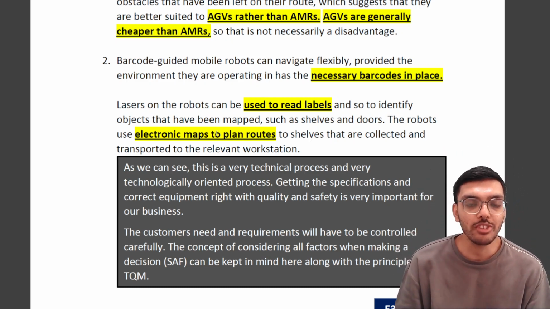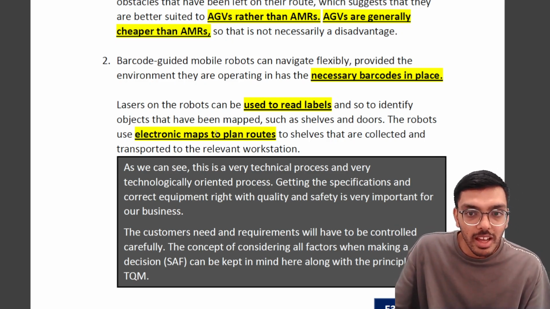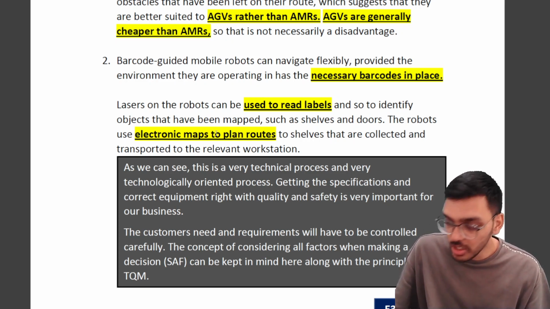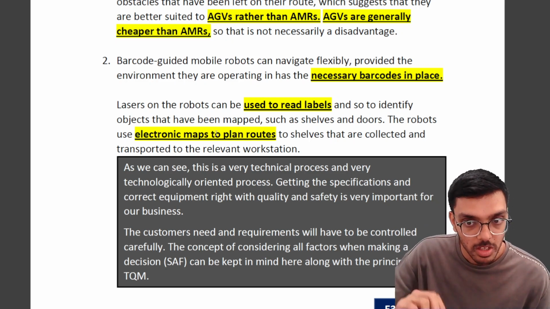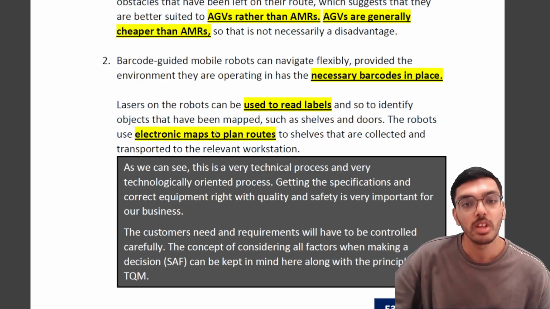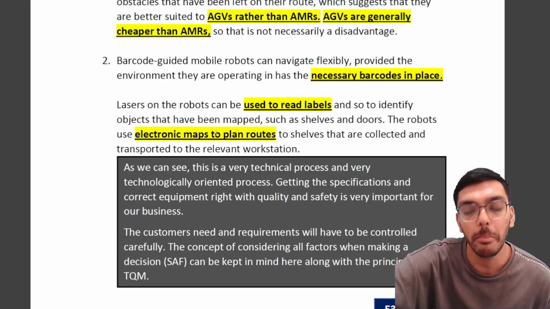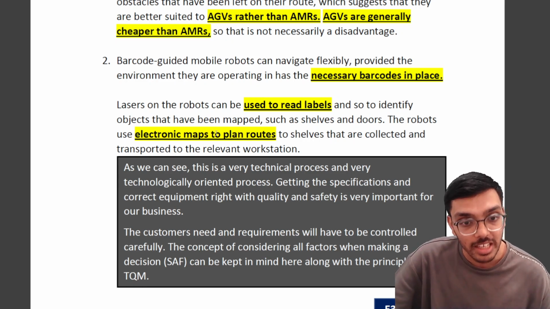The robots use electronic maps to plan their routes to that particular shelf that are collected and transported to the relevant workstation. Much easier because it's very straightforward in terms of the map being ready. They just have to go and pick that particular product if it's barcoded correctly.